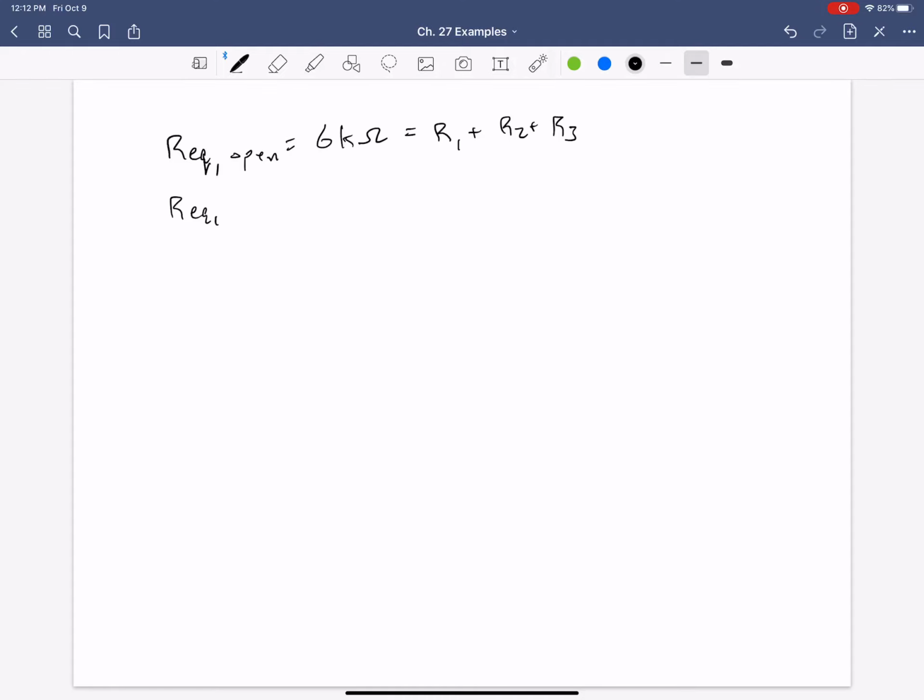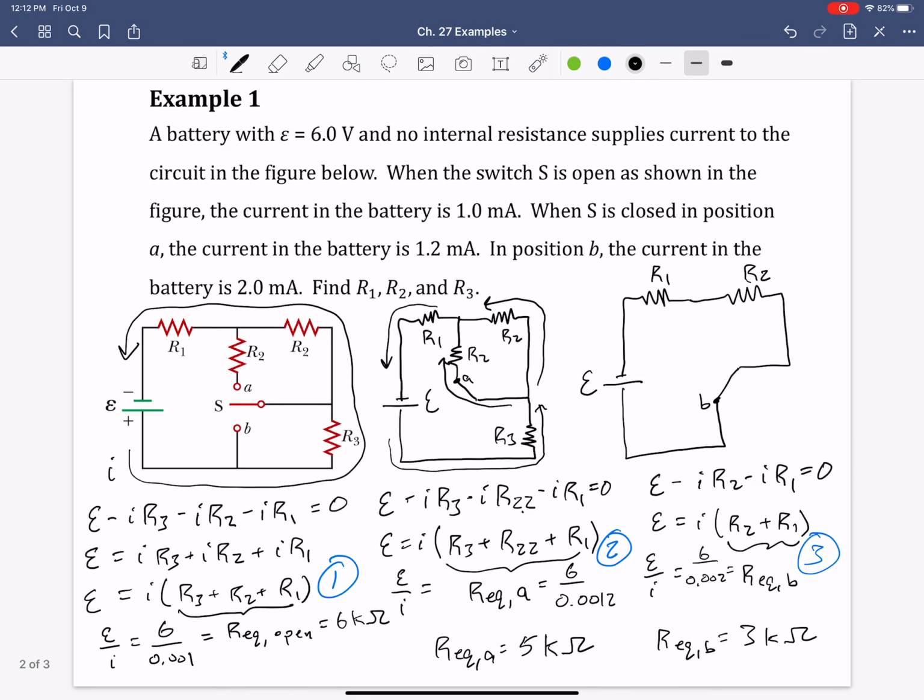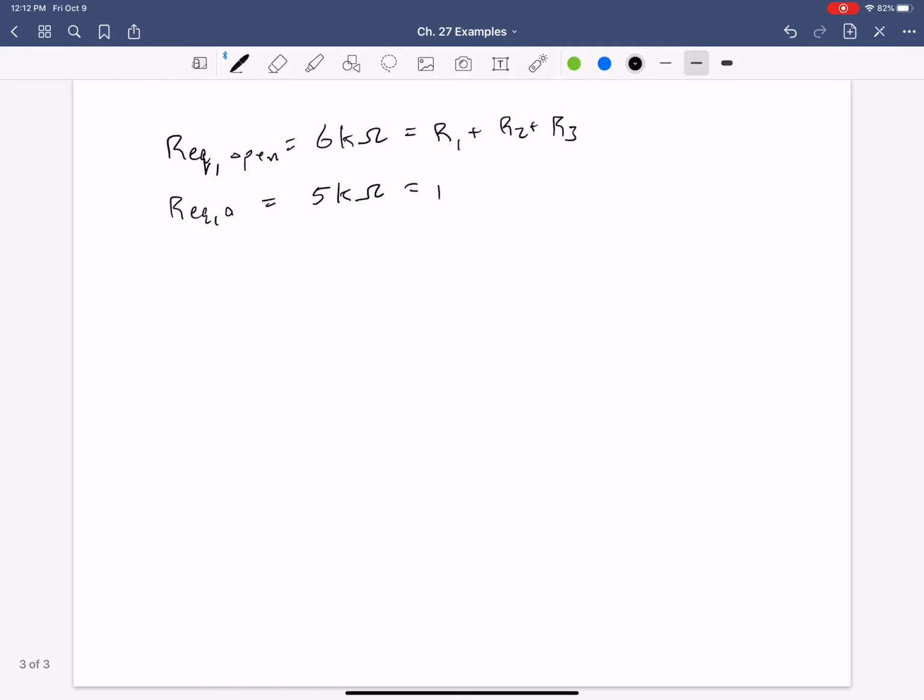The equivalent for switch position A was equal to 5,000 ohms, and that expression was, in numerical order, R1 plus R22 plus R3. And then R equivalent for part B was equal to 3,000 ohms, and that was simply R1 plus R2.